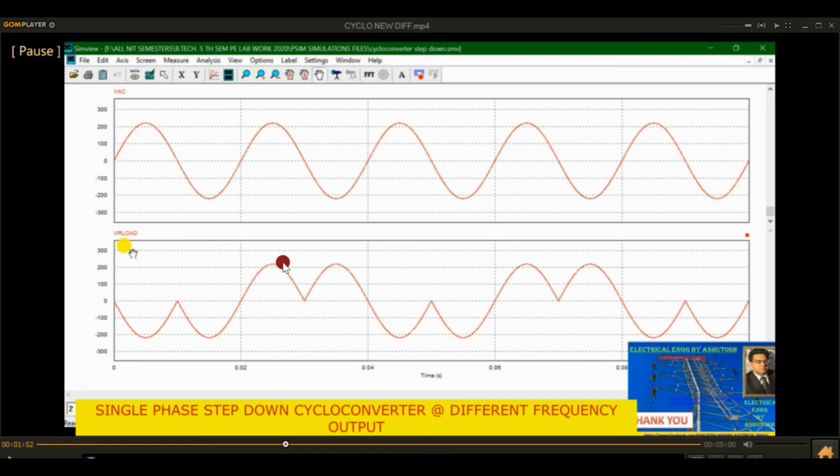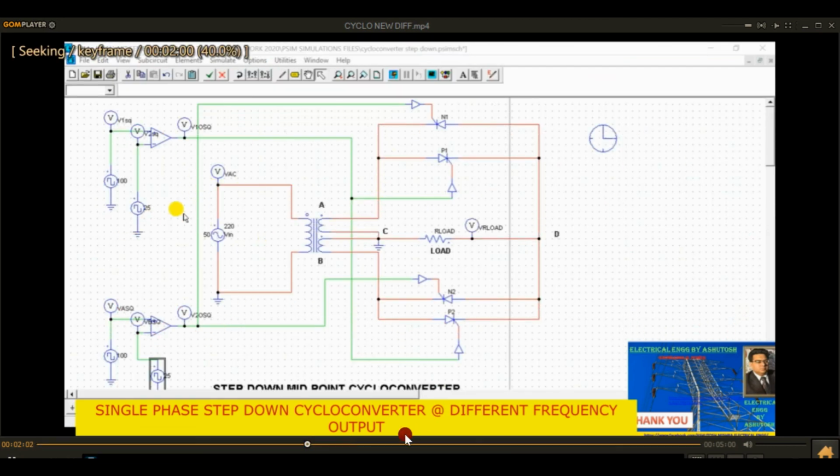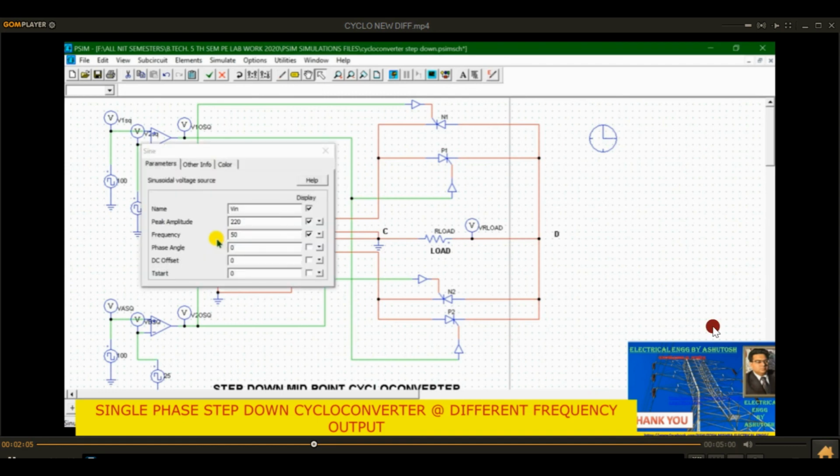P1 and P2 are conducting during this positive half cycle of the AC input supply, and during the negative half cycle, N1 and N2 are conducting. So the frequency got reduced.